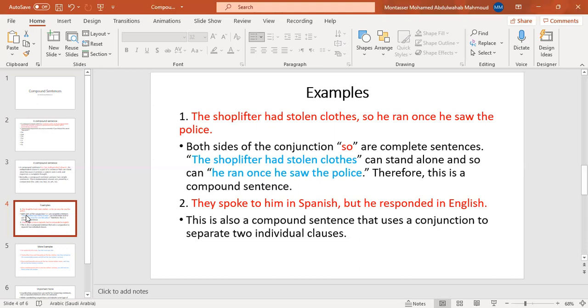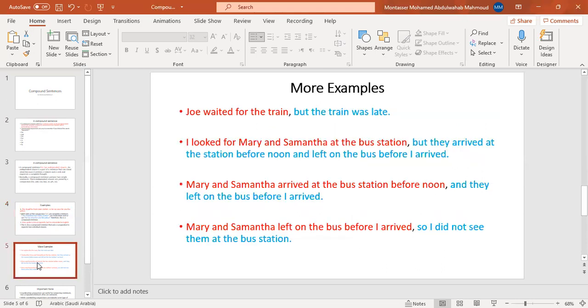And where is the second complete sentence, which is after the coordinating connector? Wonderful. He responded in English. So this is also a compound sentence that uses a conjunction, which is but, to connect as well as separate two individual independent clauses.